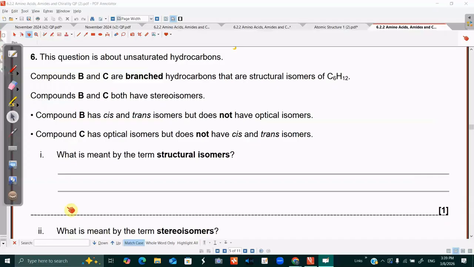B and C both have stereoisomers. B has a cis and trans isomer but does not have optical isomers. C has an optical isomer but does not have cis trans isomers.